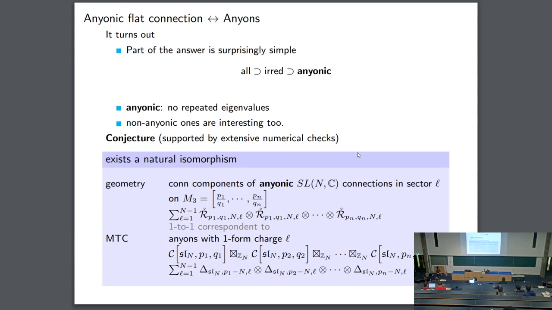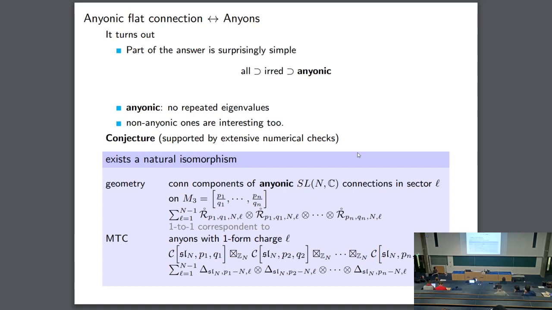The symbols, I haven't explained them, but the message here is they look exactly the same as how we constructed MTCs. You have a bunch of sets, graded by Z_N, and you just take the tensor product of all of them, and you have the Z_N grading structure in the end.